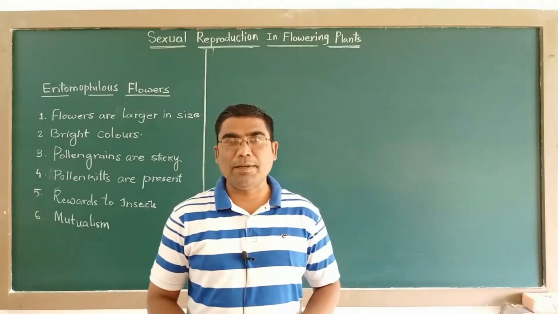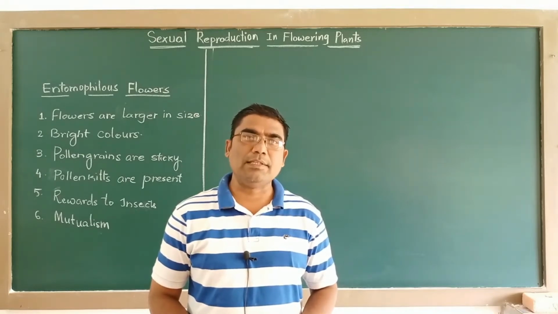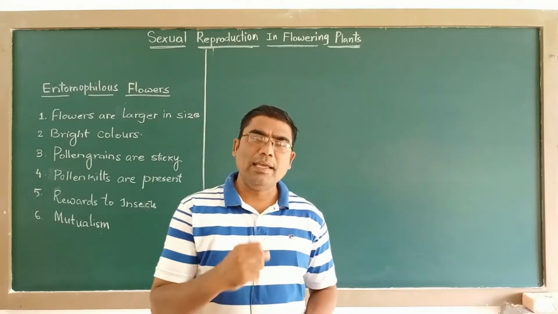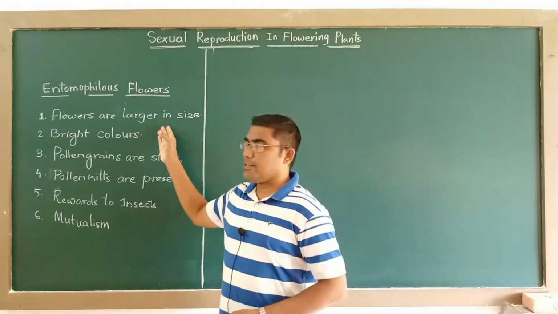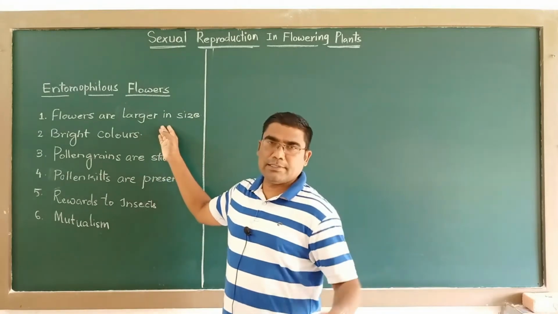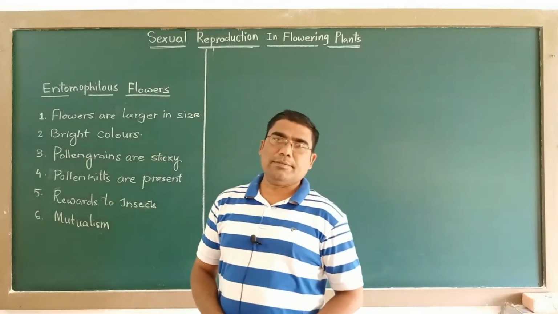Because here the flower is dependent on the insects for its pollination, the flower wants to attract the insects. Here, the flower attracts the insects by its bigger size, also by producing bright colors.